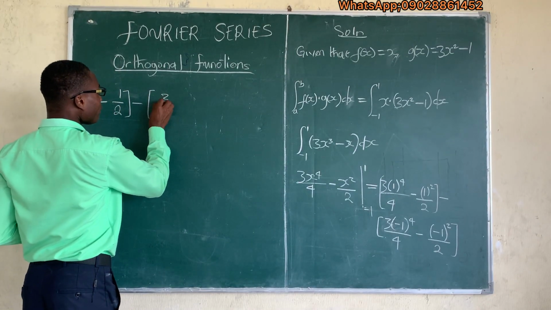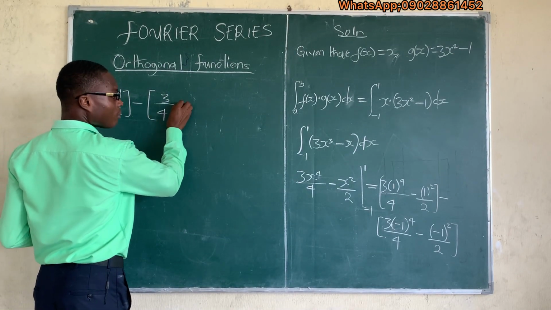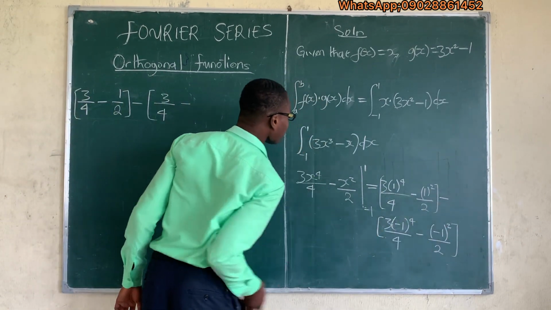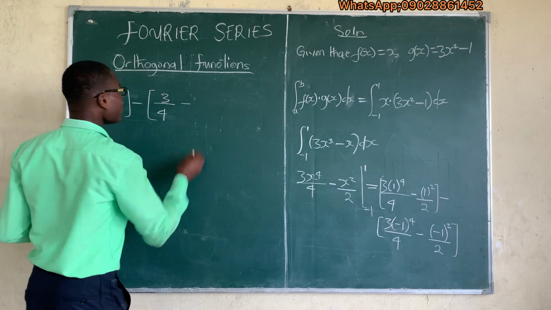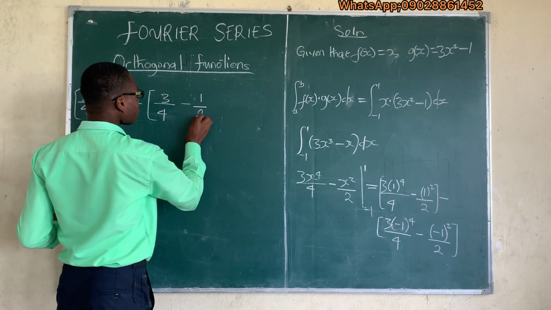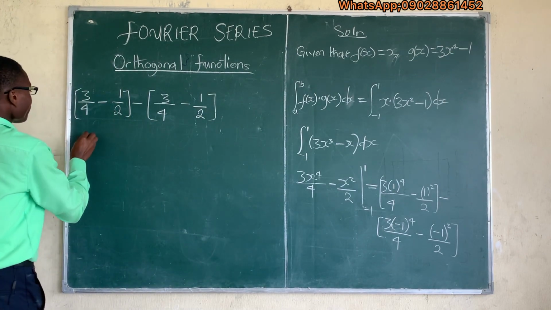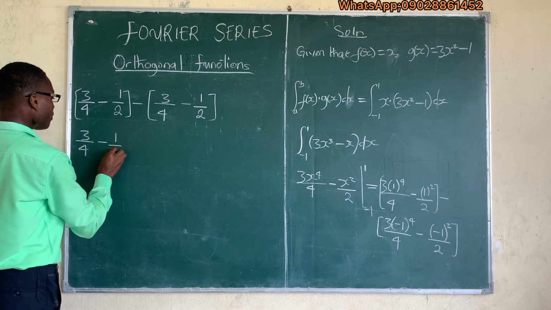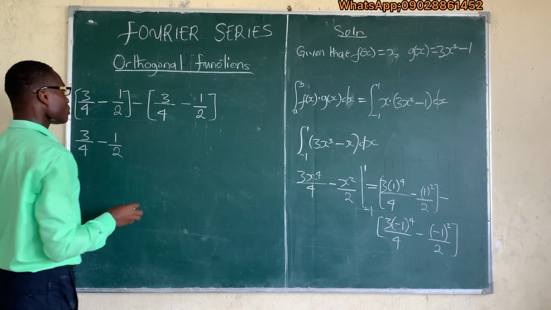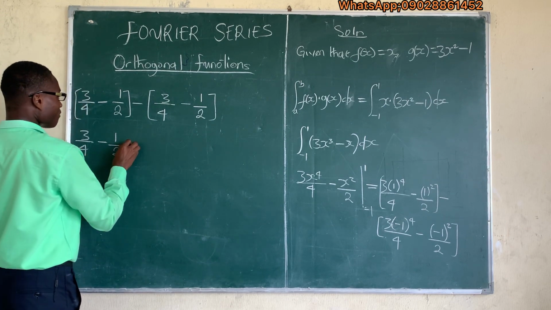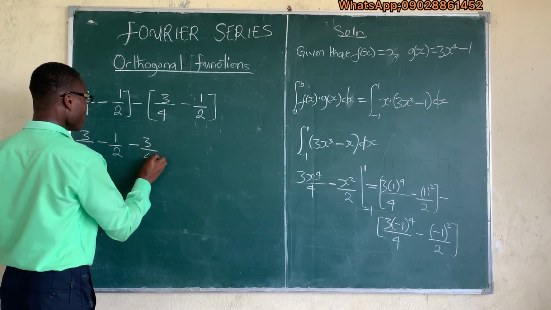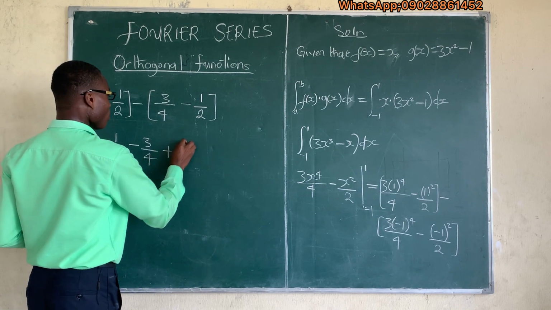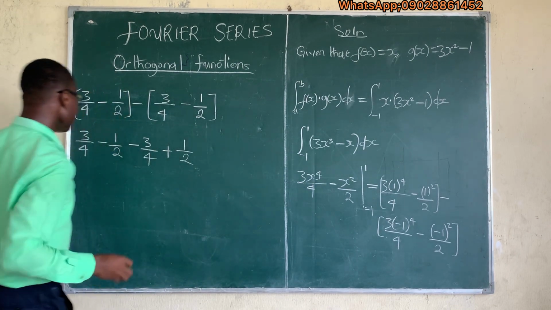So we have 3 over 4 minus, because 2 is also even, minus 1 to the power of 2 will give us 1, 1 over 2. So we have 3 over 4 minus 1 over 2. Use the minus to open the bracket. You have minus 3 over 4. Minus times minus will give us plus 1 over 2.